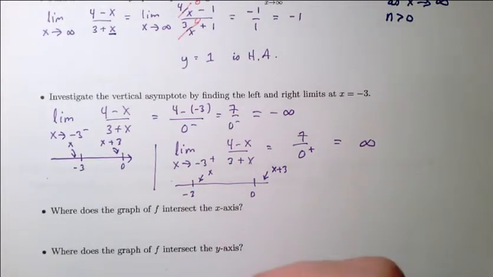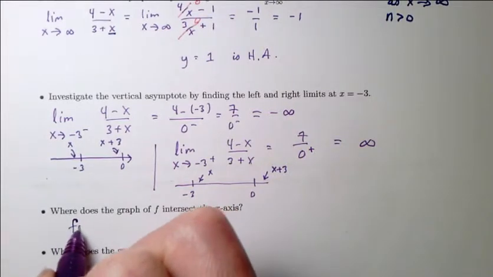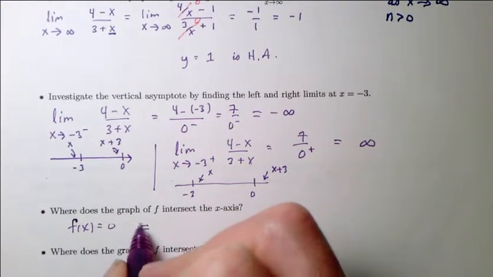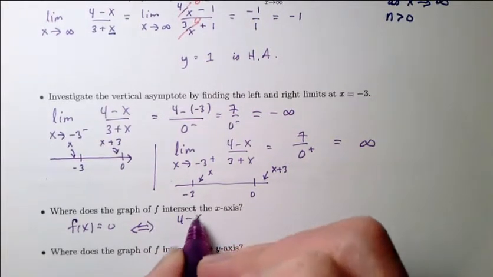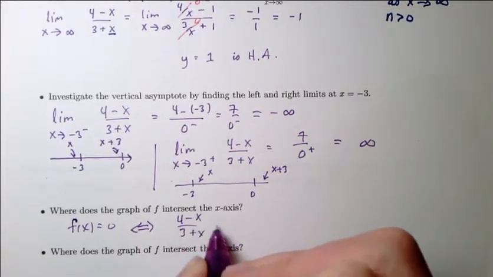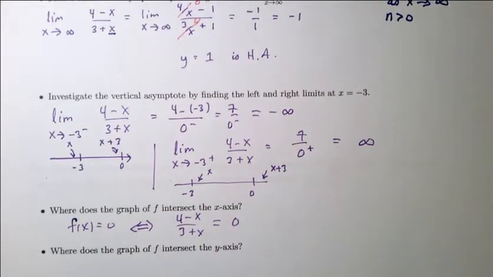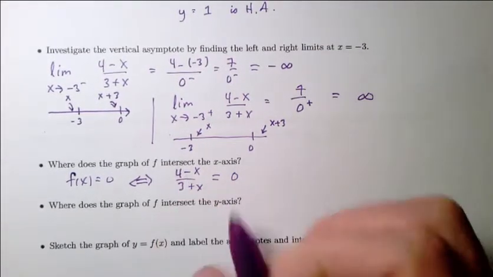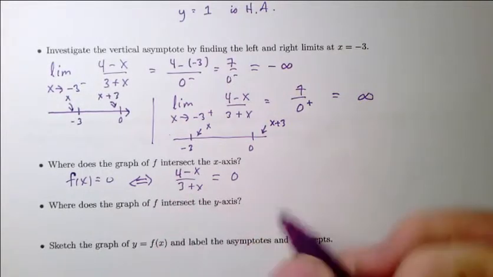Where does it intersect the x-axis? So we need to solve f of x equals 0. Alright, a fraction is equal to 0 only when the numerator is equal to 0 and the denominator is not.